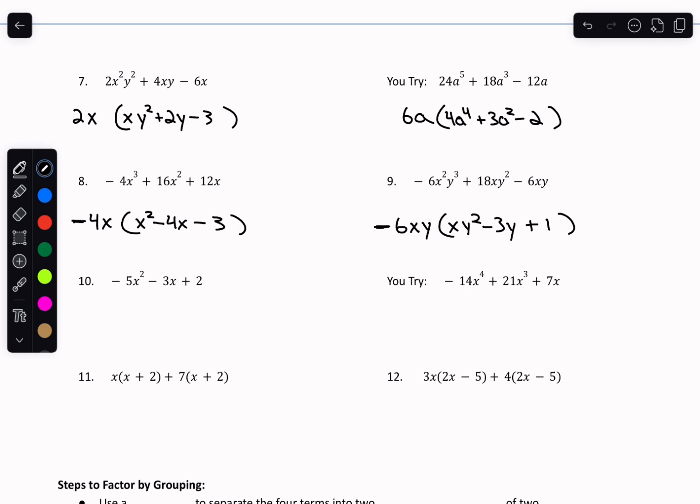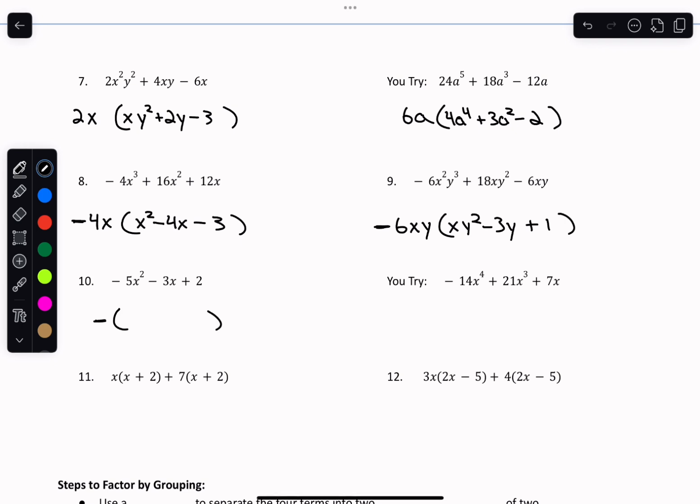All right, number 10. We have, again, a negative sign in front, so I'm going to pull out a negative. But if you notice, 5, 3, and 2, well, those are all prime numbers, so they don't have any prime factors in common, and not all of them have an x, so I can't actually pull out anything other than that negative sign.